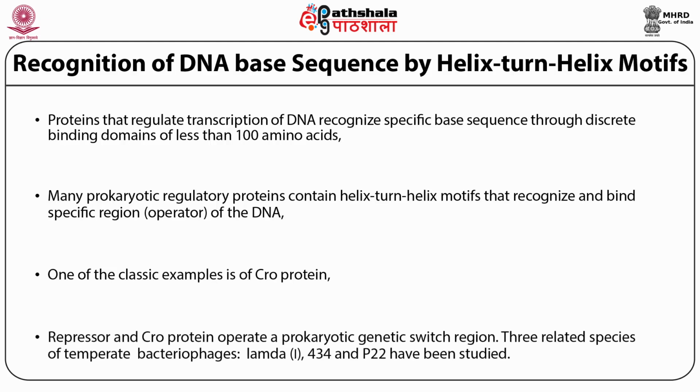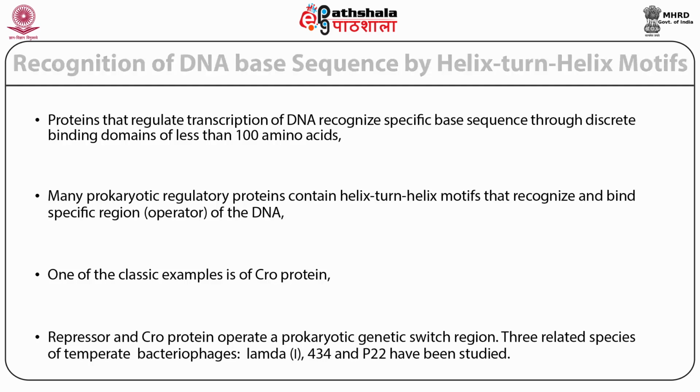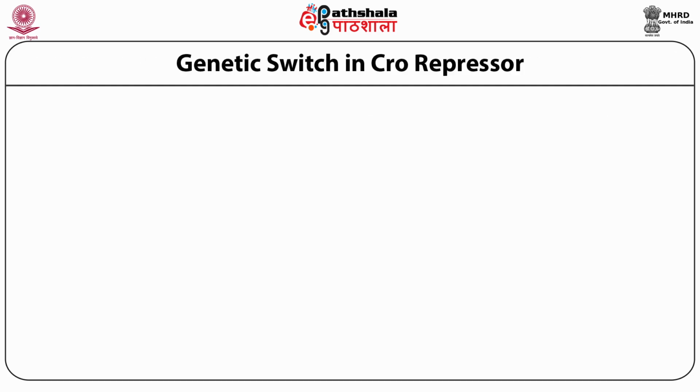Repressor and Cro protein operate a prokaryotic genetic switch region. Three related species of temperate bacteriophages, lambda, 434 and P22, have been studied. We show in this picture the genetic switch in Cro and repressor.